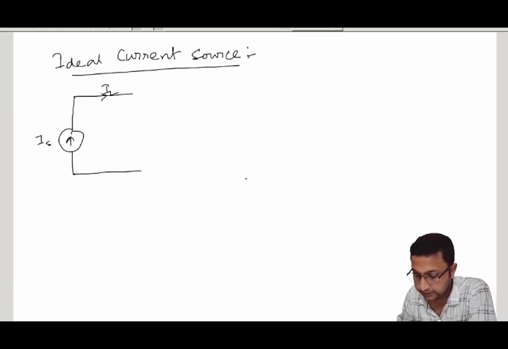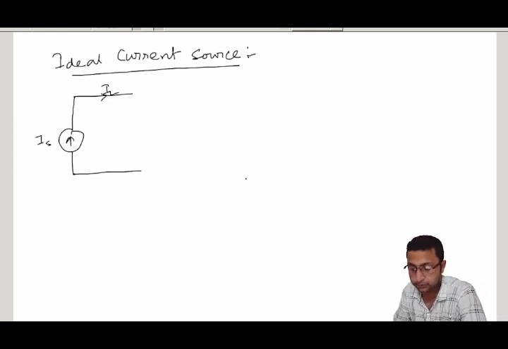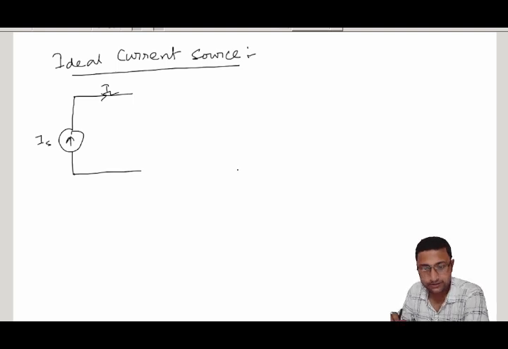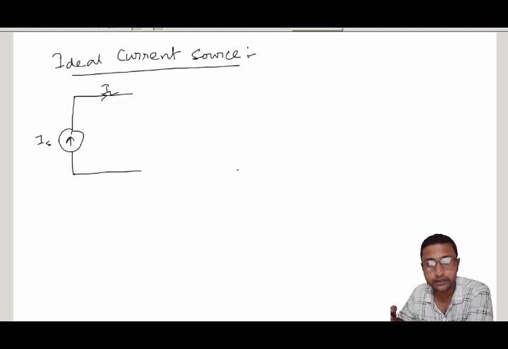That means the output current of an ideal current source is equal to the source current due to infinite internal resistance. Thus, an ideal current source always delivers the same current through its operation when a load is connected to it.